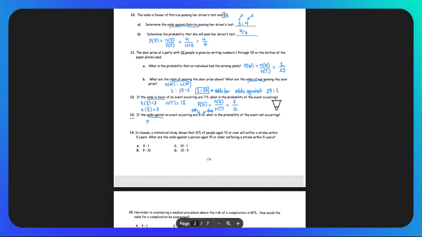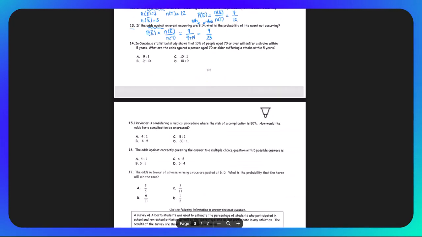So we need to know the number when it's not, divided by the total number. Well, the number that it's not is the 9, and the total number is going to be the 9 plus the 14. So that's going to give us 9 over 23. Now, we can't reduce this any further, so our final answer is 9 over 23.